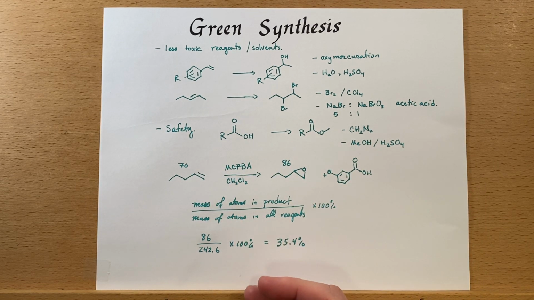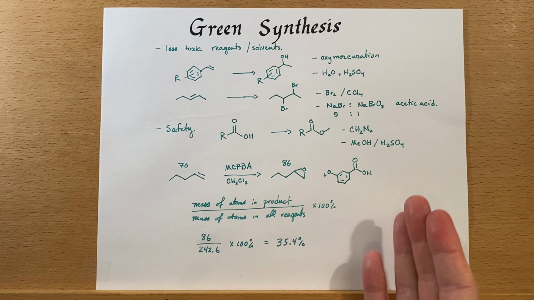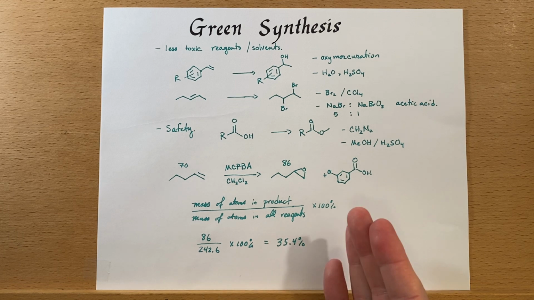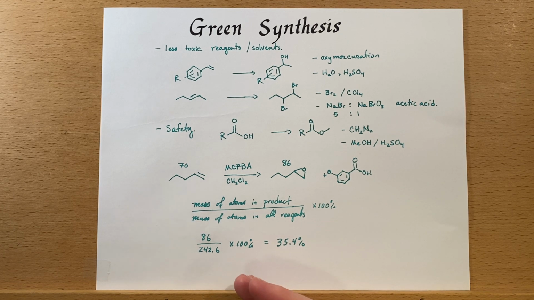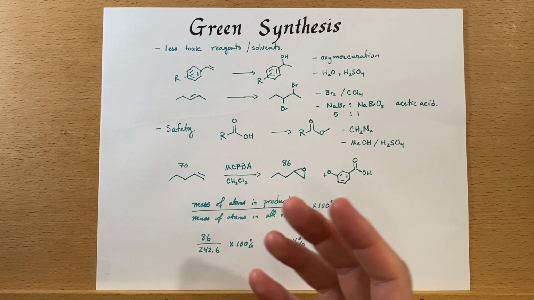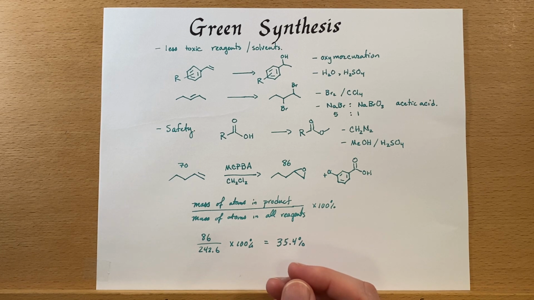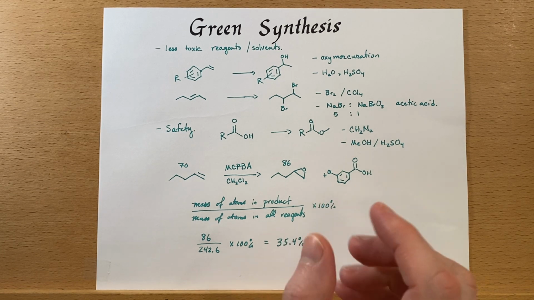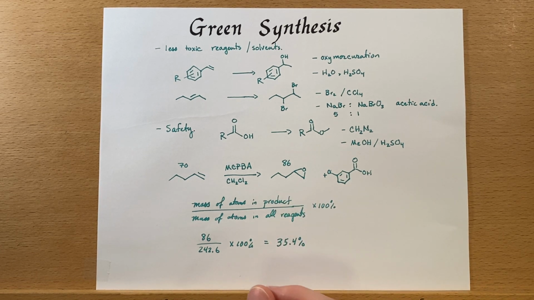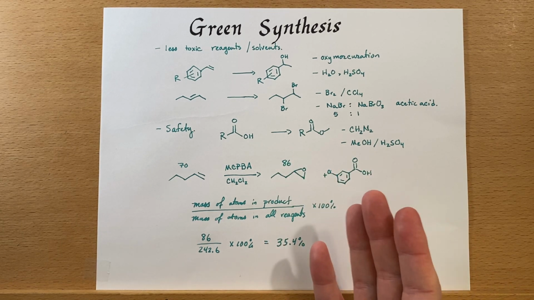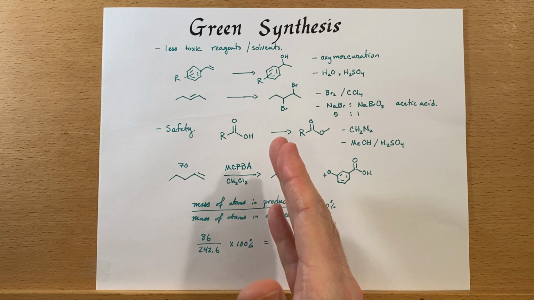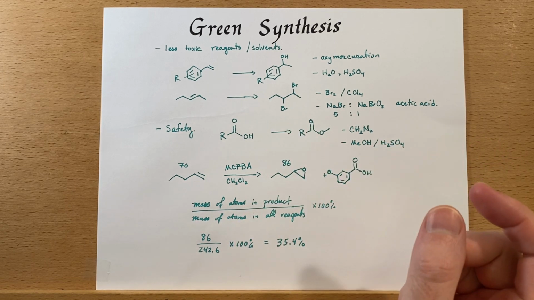According to this formula as well, if our leaving group is, say, an iodine versus a bromine, the bromine would have better atom economy, even though it's just one atom, just because the iodine weighs more. I think that distinction is a little less useful in those cases, because it is only one atom and we just have that one leaving group there.